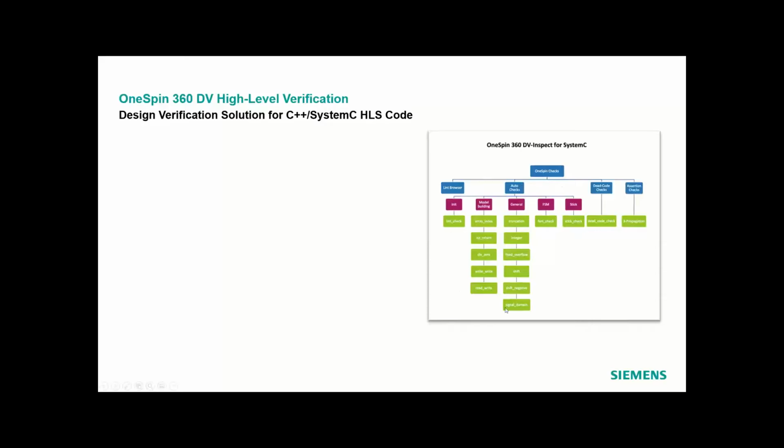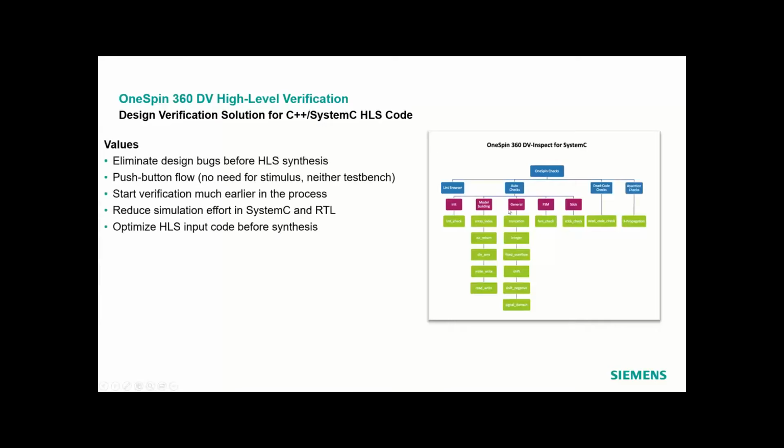Just to give you an overview of what types of auto checks we have: initialization, array out of bounds, function without return, division by zero, write, read-write traces, truncation or overflow, integer or redundant bit checks.